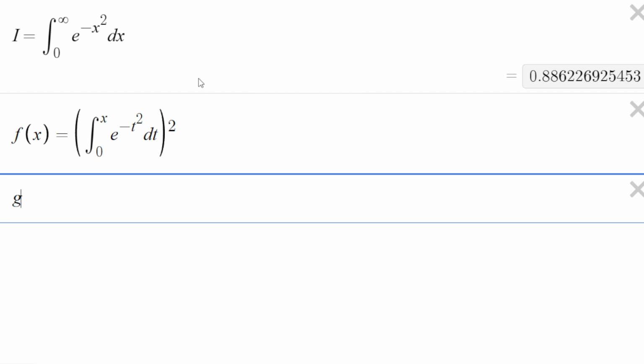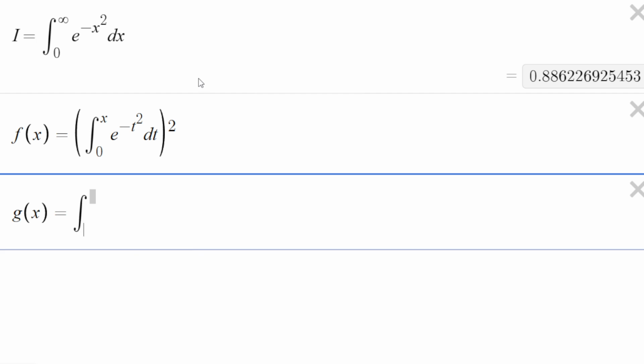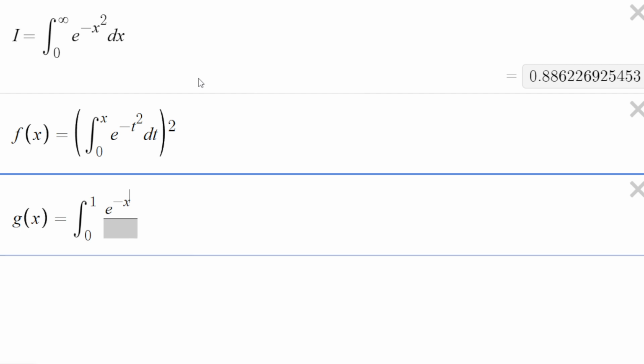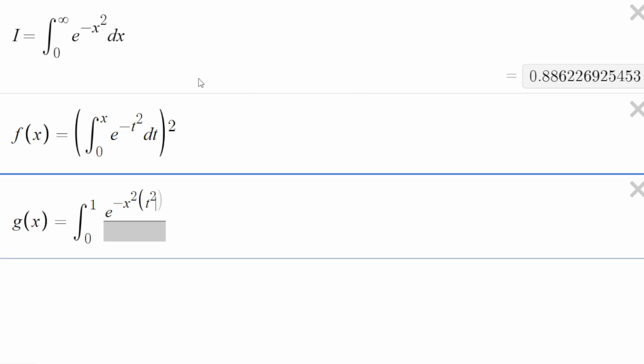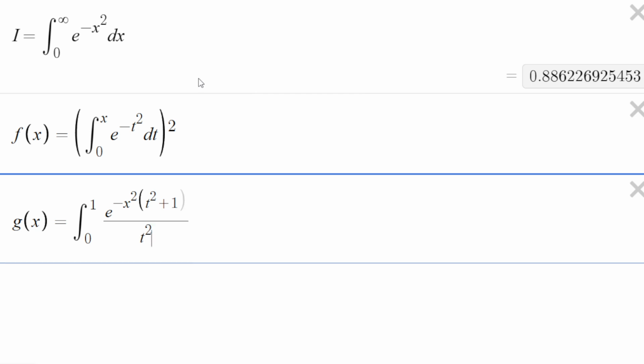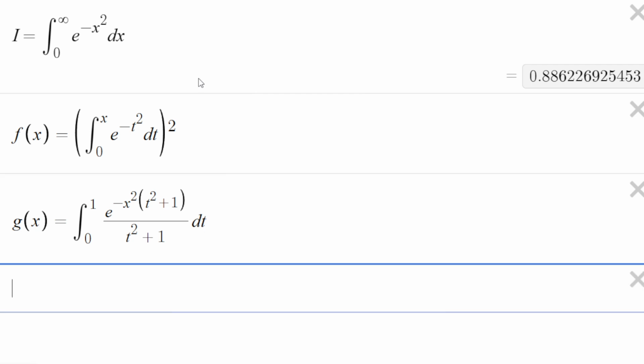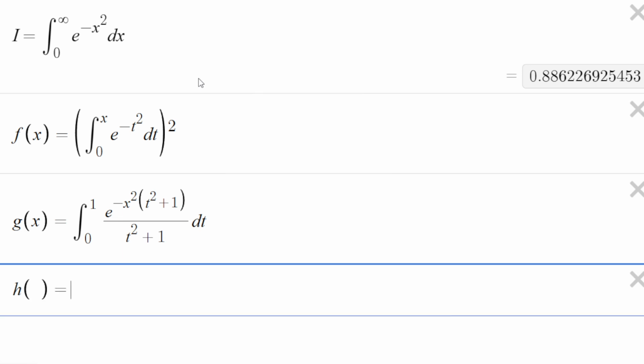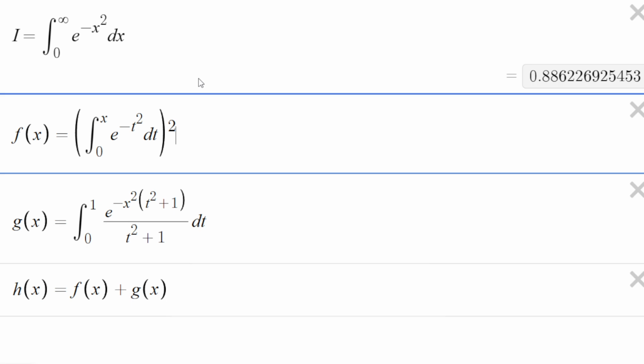We're going to let some other function g of x be equal to the integral from 0 to 1 of e to the negative x squared times t squared plus 1 over t squared plus 1 dt. Okay, and then we're going to let yet another function, h of x, just be equal to f of x plus g of x.